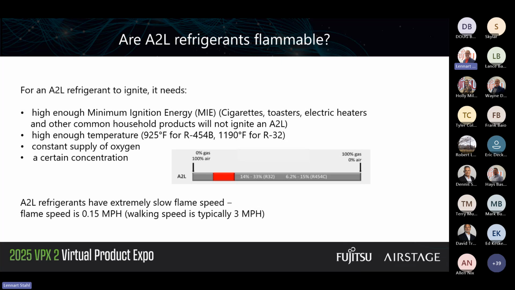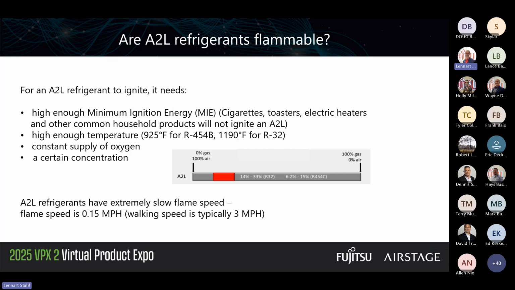R454B will ignite at a lower temperature, but it has to be a really, really high temperature. They also need a constant supply of oxygen and a certain concentration. You can see there that for R32, it needs to be between 14 and 33% concentration. If it's more or less, it can't ignite, because then we don't have those four items that I listed there.